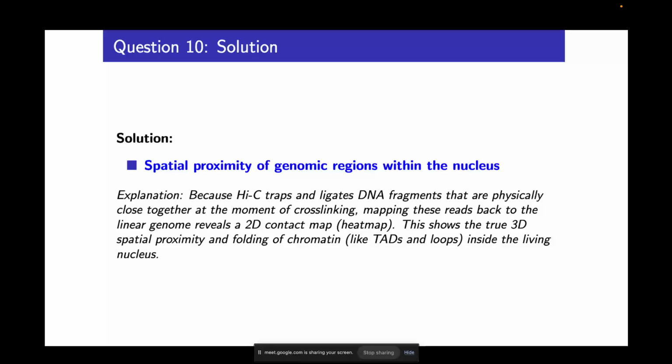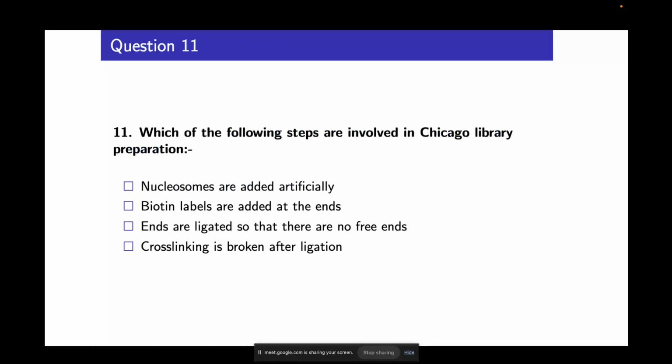So Hi-C will tell you the spatial proximity. Even if the sequence is very far away, the spatial distance might not be, and they might be interacting with each other. That is why Hi-C is used. Okay, moving on.